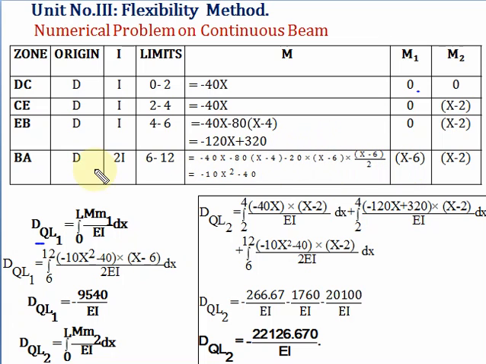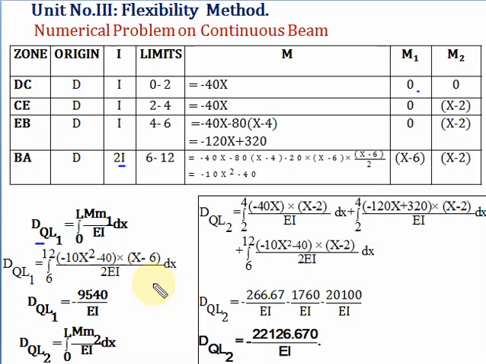Now for zone BA, the value of M1 is x minus 6, whereas the value of capital M is minus 10x square minus 40. So here we put the value of capital M, that is minus 10x square minus 40, and the value of M1 is x minus 6. The value of EI is 2EI, and the limit for zone BA is 6 to 12.